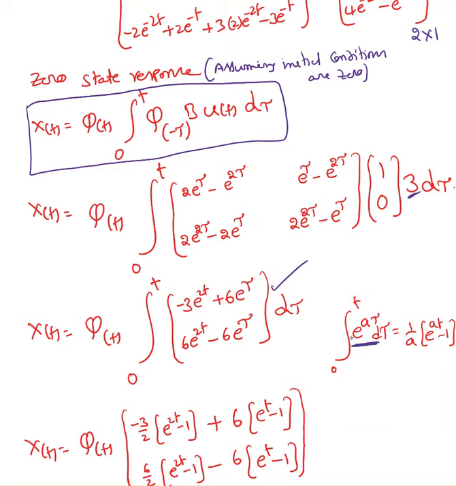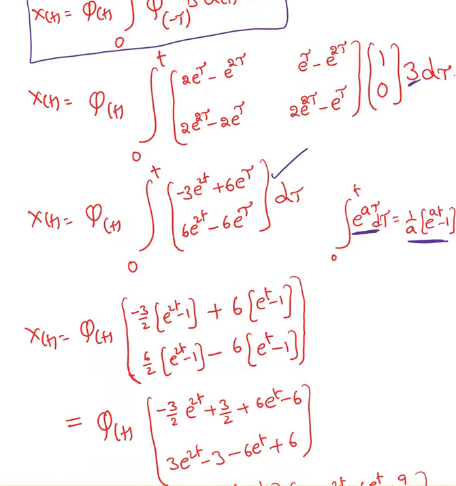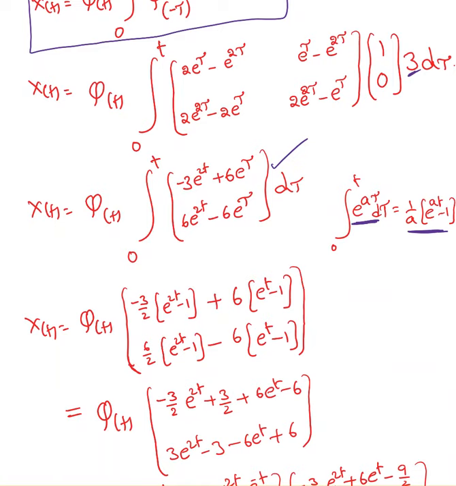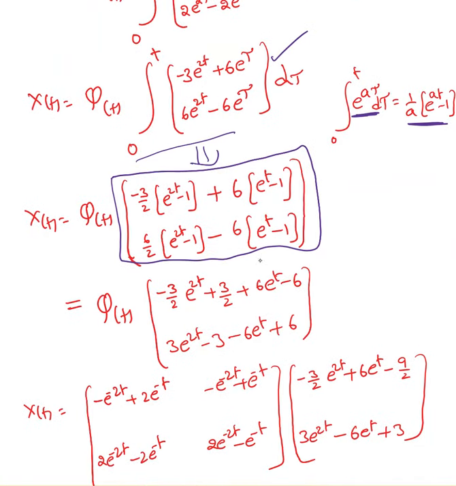So the integral of e to the power of at from 0 to t will be 1 over a times e to the power of at minus 1. If I follow that, this is what I end up with after integration. Now I simplified it, and this is what I end up with.